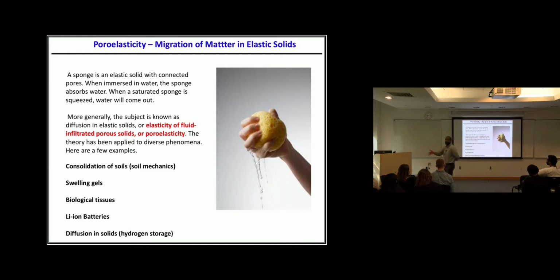The common example is a sponge. A sponge is basically an elastic solid connected by pores. When you immerse the sponge in water, it will soak up water and swell. Though, as I'm going to show you in a second, biological materials are very different from a sponge for a very important reason, a sponge is a good thing to keep in mind.